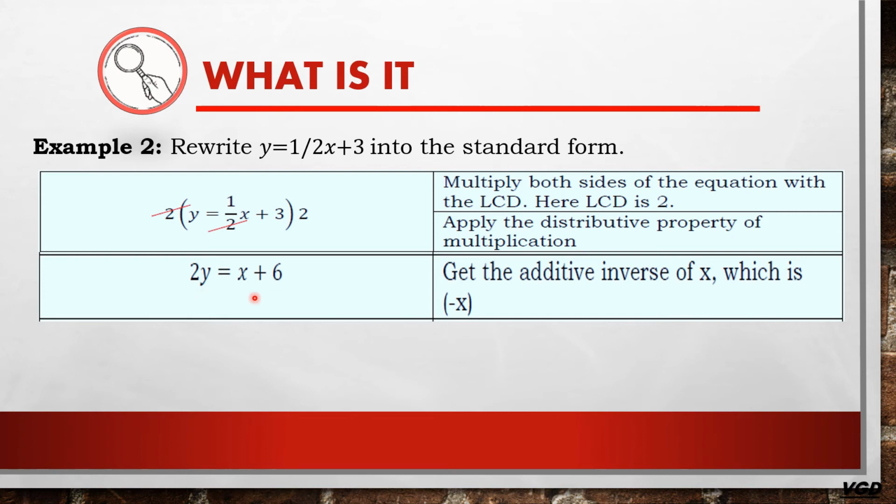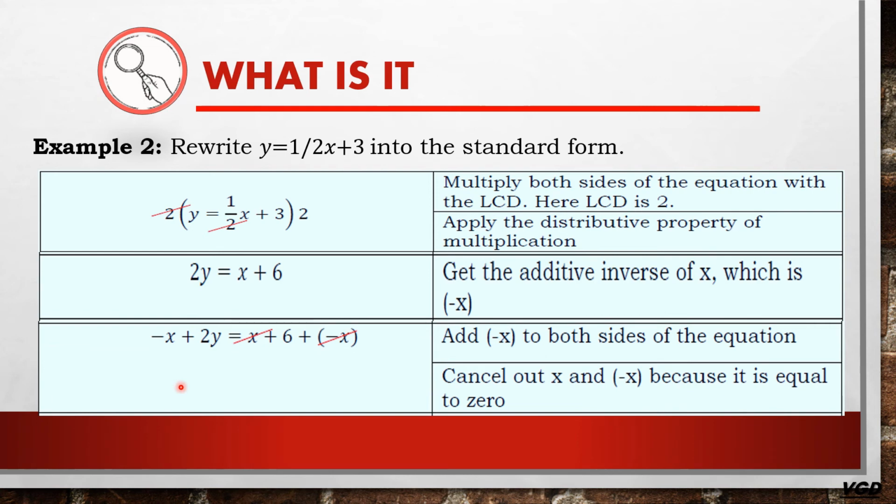To do that, we have to get the additive inverse of x, so that it can be added to both sides. The additive inverse of x is negative x, and we add it to both sides so that x on the right side is canceled and moved to the left side.